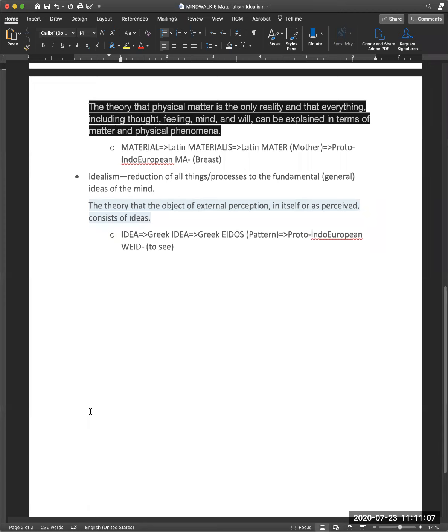Material comes from Latin materialis, which comes from Latin mater, the obvious Latin word for mother. Matron is another word in English that we get from mater: someone who's married and has children, a matron. Mater, mother. And this actually derives from the Proto-Indo-European word ma for breast.